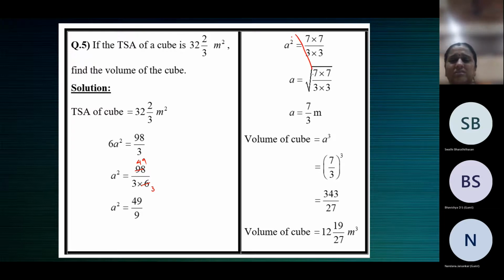You don't have to show so much detail. You can directly write A is equal to square root of 49 by 9, which is 7 by 3. You don't have to write all that.